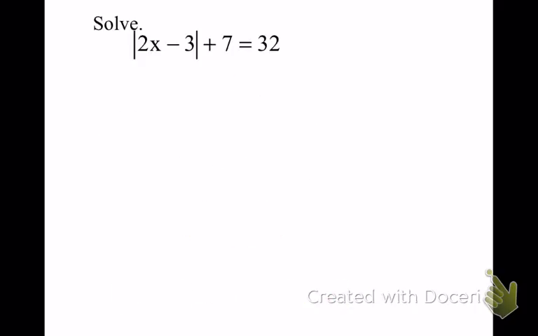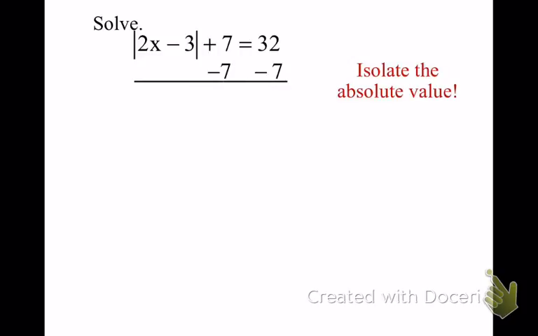All right, now we're going a step further. When they add different pieces and parts to our equations, we peel it like an onion, and we take the outer layer away and try to isolate our absolute value. So how might I do that, Alex? We're going to subtract 7. And then we are left with the absolute value of 2x minus 3.